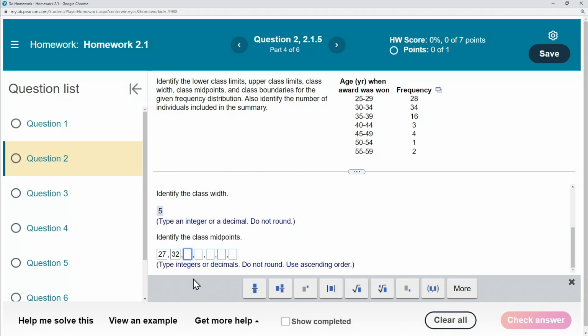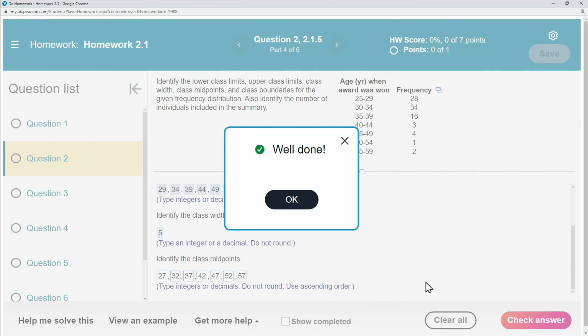So 32 plus 5 is 37. 37 plus 5 is 42. 42 plus 5 is 47. 47 plus 5 is 52. And then 52 plus 5 is 57. Okay, and then we've entered those all in, so we do check answer. Well done.